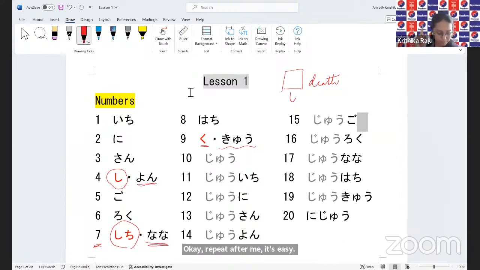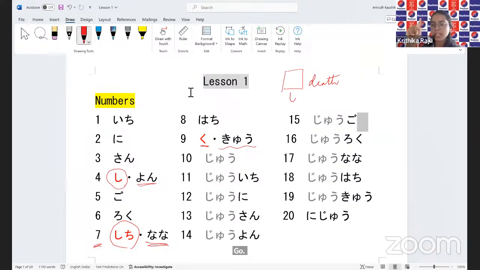Ichi. Ni. San. Yon. Go. Roku. Nana. Hachi. Q. Ju.